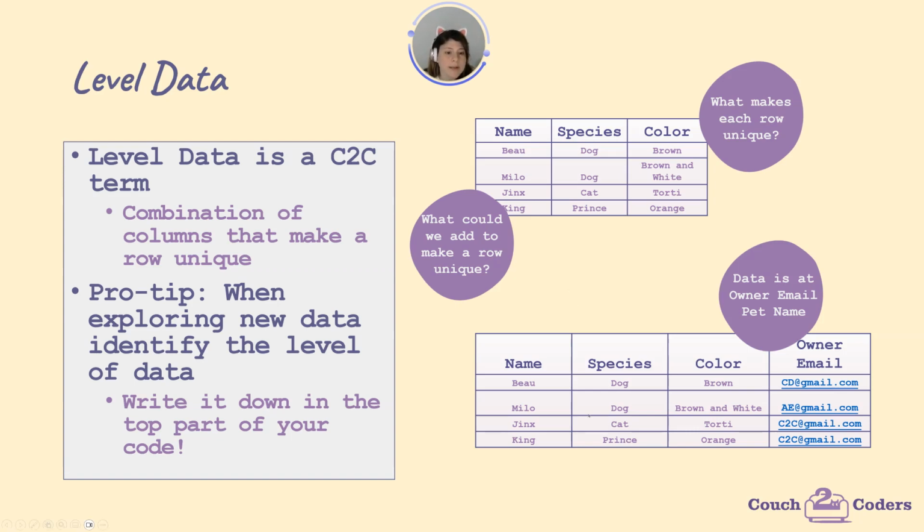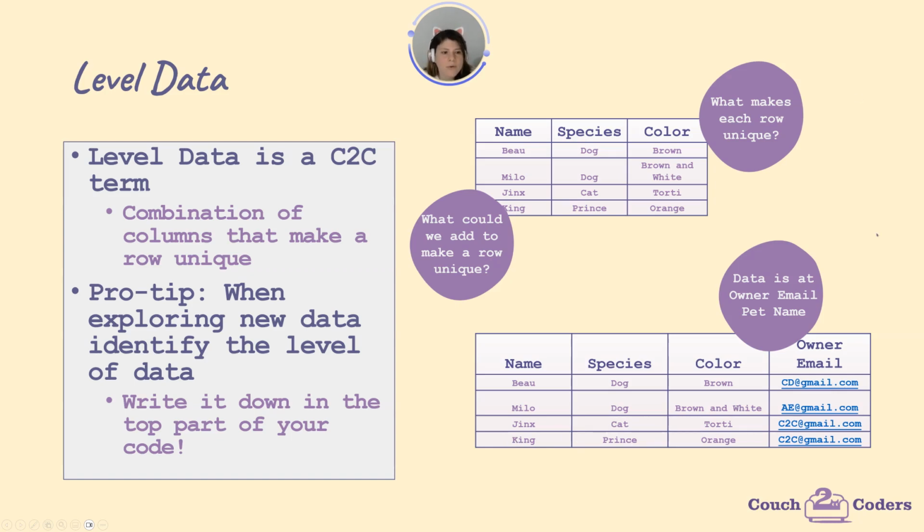So you could probably put in species, and if someone was really crazy and they had two cats with the same name, then you could go by color. And if they had two cats with the same name and were the same color, I would call them clinically insane. But then you could add an additional column where maybe you create a pet ID. And you say, this pet we call ID 1 and this pet we call ID 2.